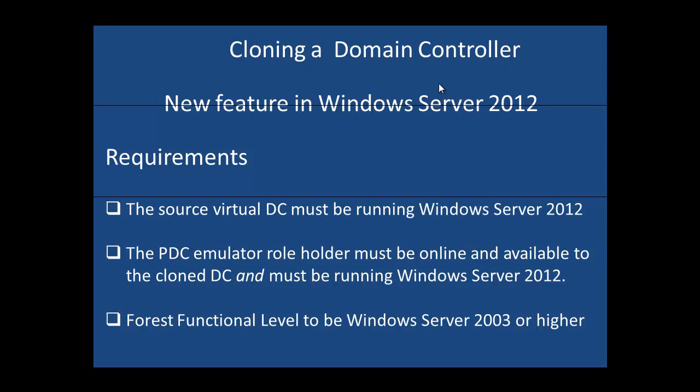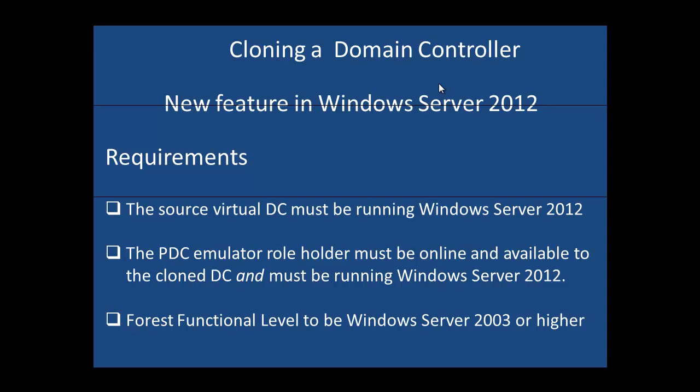Prior to Server 2012, the process of adding an additional virtual domain controller involved copying data using one of two options during the domain controller promotion process, either replicating the data over the network or using the install from media option.